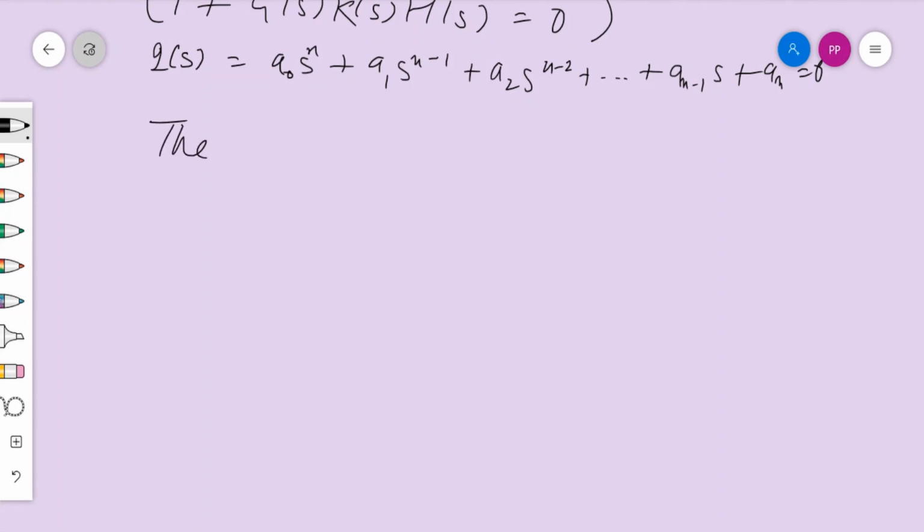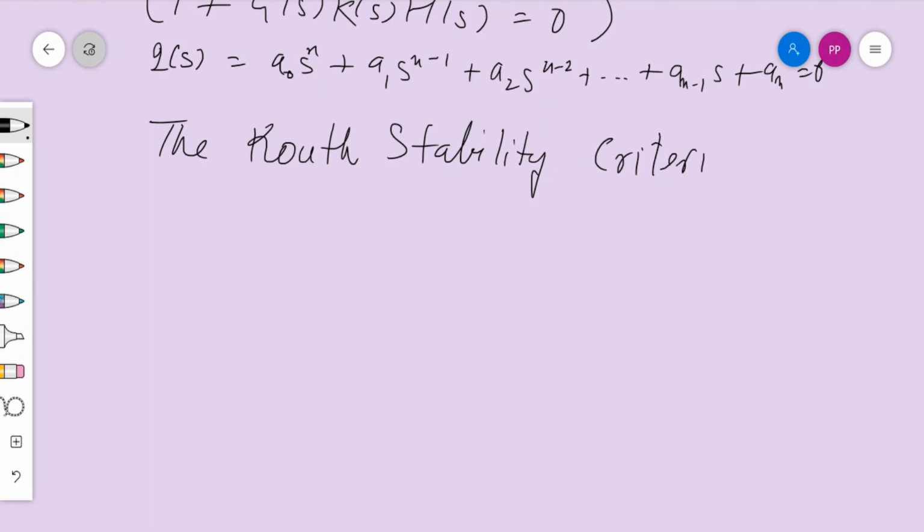The Routh stability criterion. What are those points?